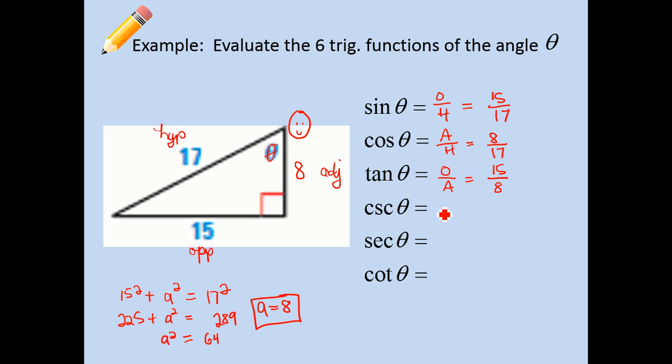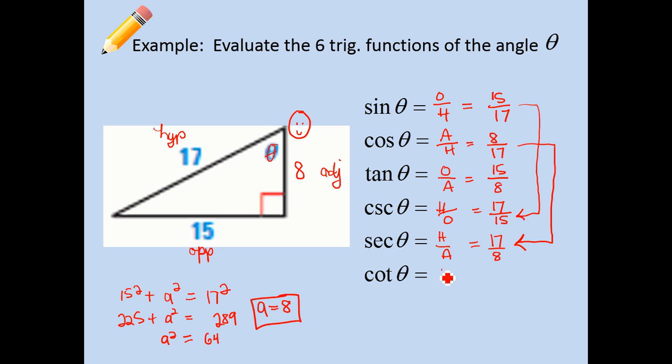Cosecant is hypotenuse over opposite, which is 17 over 15. It's the inverse of sine. Secant is hypotenuse over adjacent, which is 17 over 8, which is the inverse of cosine.